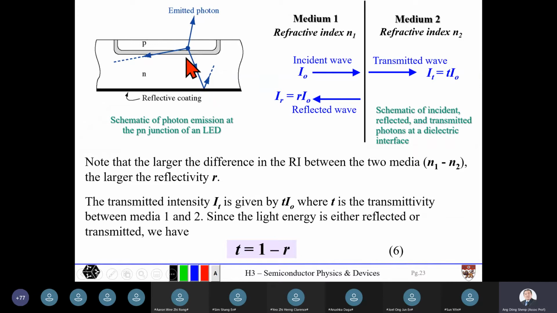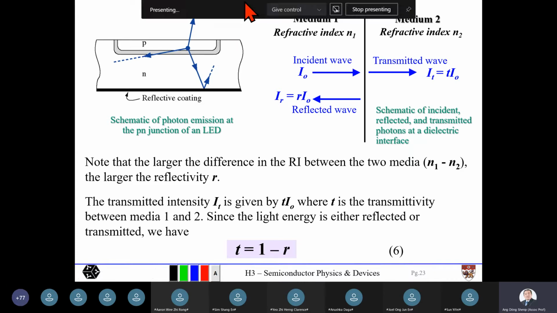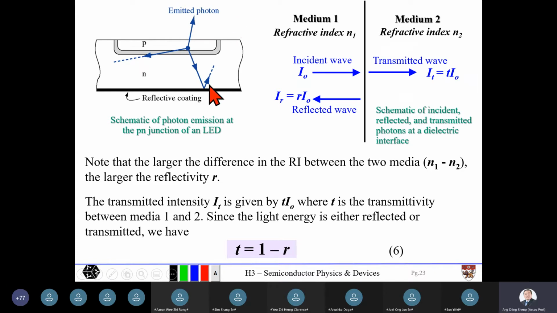So when the light hits the bottom, it can be reflected back and it might have a chance to escape into the air to become a useful light output. Without the reflective coating, this photon will not be able to escape into the air. Most likely it will be reabsorbed by the semiconductor.